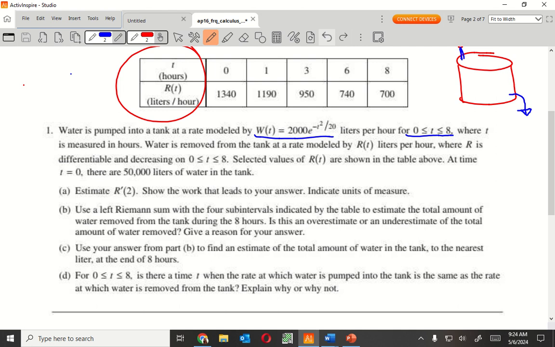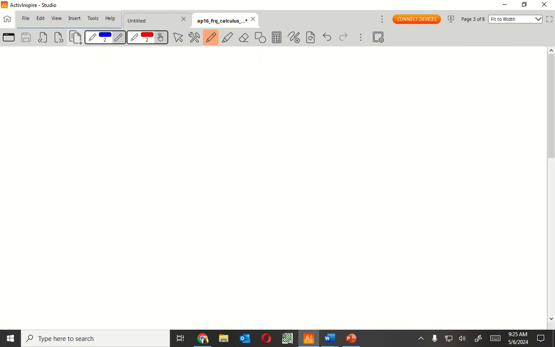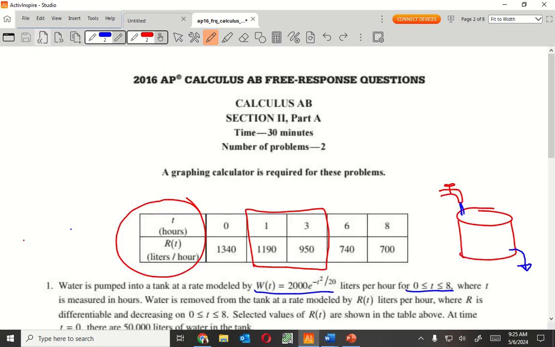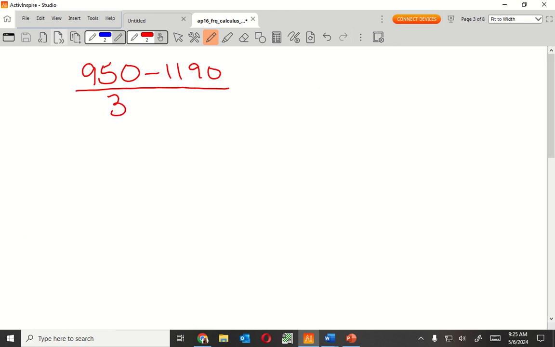Okay, so I'm going to use these 2 here to calculate the slope in between. So 950 minus 1190 over 3 minus 1. So it's just the slope formula. That's all it is. The rate of change is just finding the slope in between those 2 points.